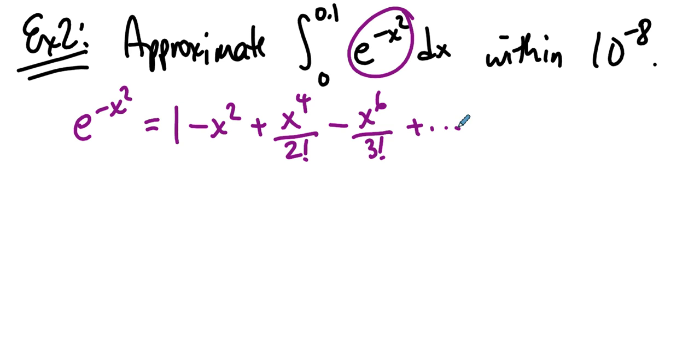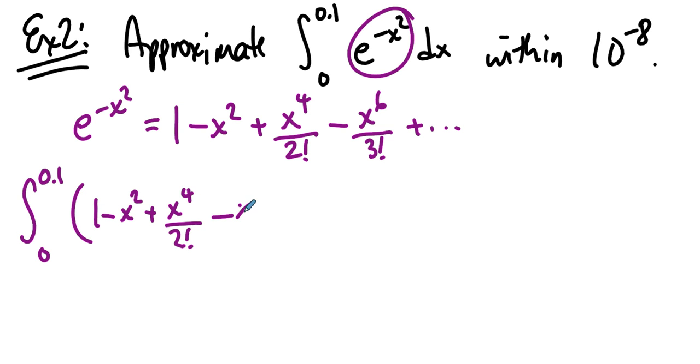So what are we trying to do? We're trying to integrate 1 minus x squared plus x to the 4th over 2 factorial minus x to the 6th over 3 factorial, and so on, dx. Well, how do you do that? This is fundamental theorem of calculus.